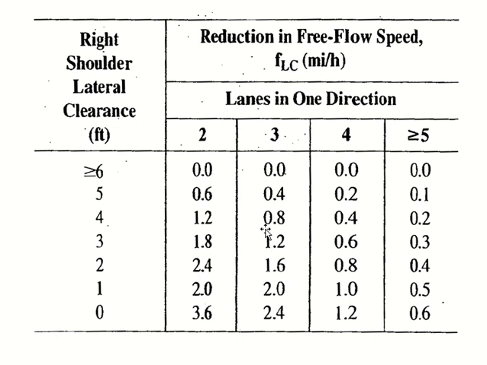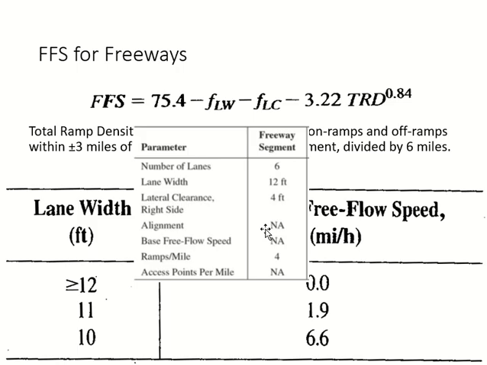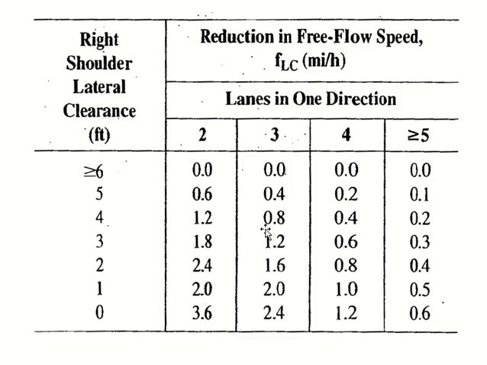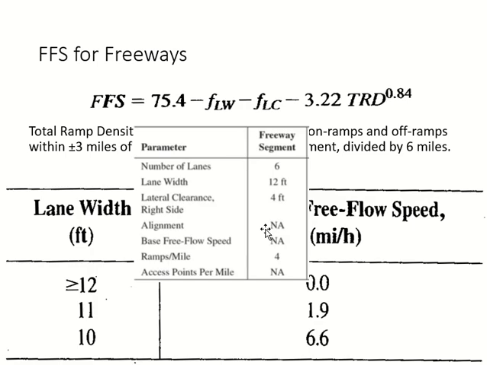And how many lanes do we have? It's a 6 lane freeway. So how many lanes here? 3, right? These are for one direction. 6 lane means 3 lanes in each direction. So my factor is this one, 0.8. So FLW is 0 and FLC is 0.8.